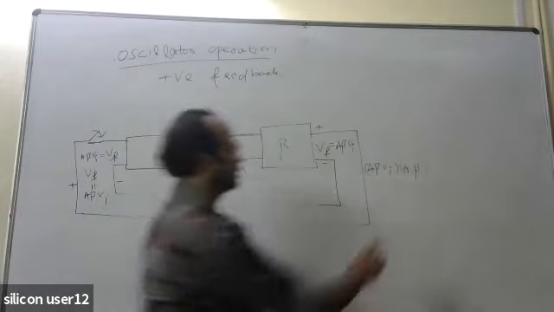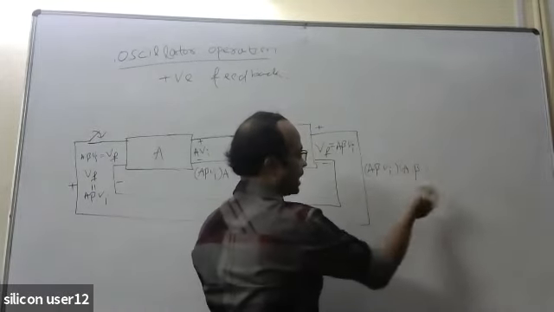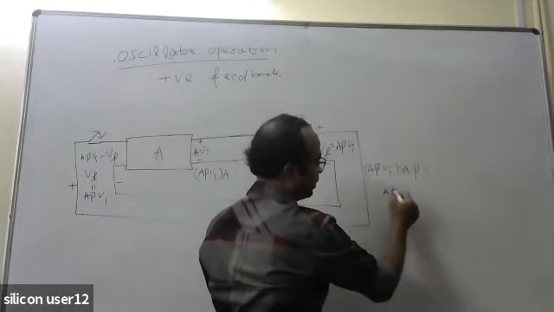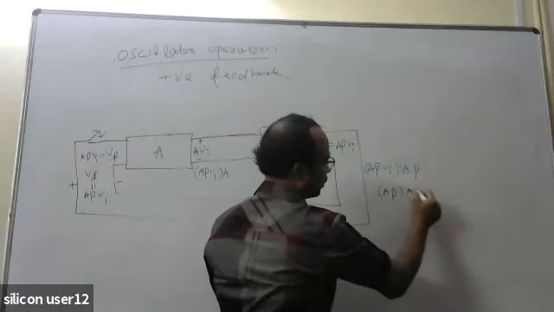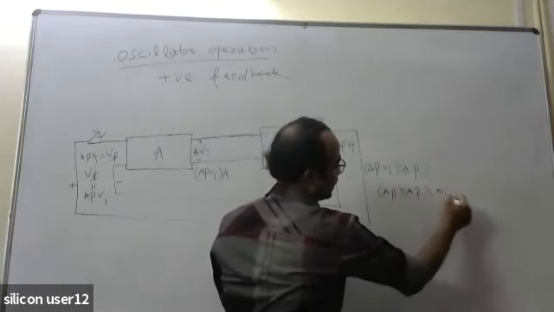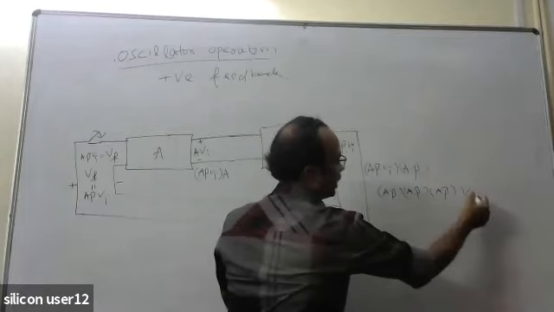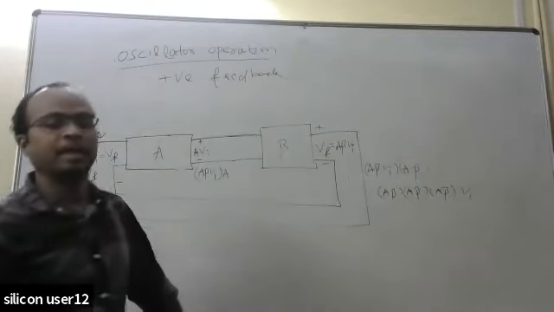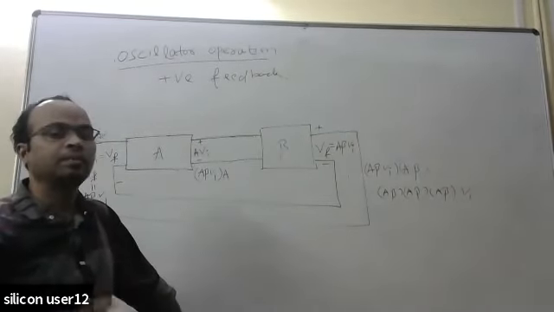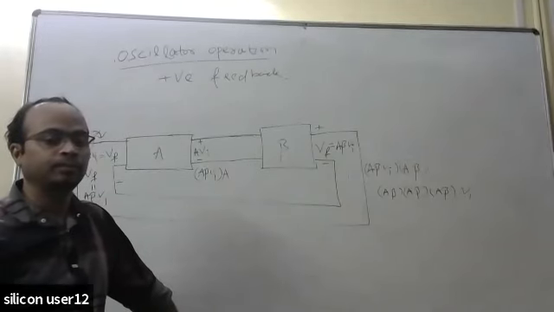Okay, so each time, let us say during the third iteration, it will be A beta into A beta into A beta into Vi. So each iteration, the output is increasing by a factor of A beta.